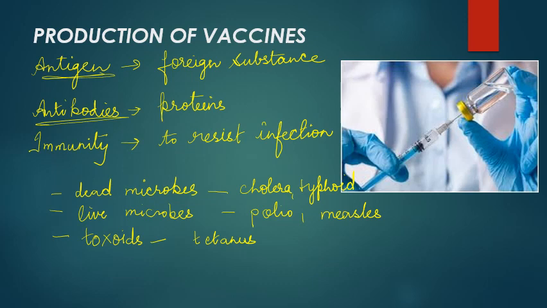We have seen what is immunity: the ability of our body to resist infection is called immunity. Now this immunity against some diseases may be natural, that is inherited from our parents. But immunity against some diseases is acquired after recovering from an attack of the disease also. If you have suffered from a particular disease, then also your body has developed the antibodies against that particular microbe or antigen.